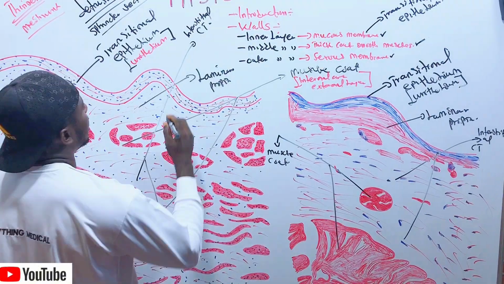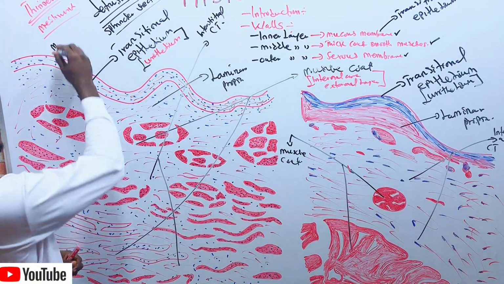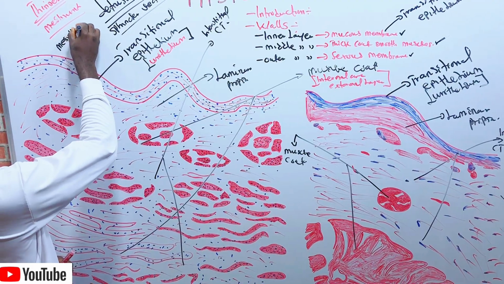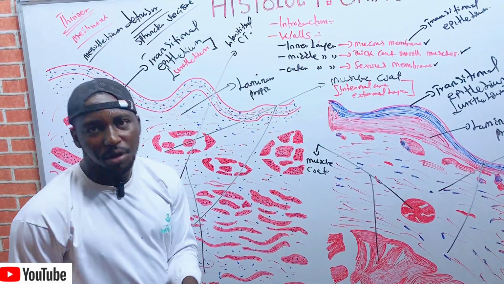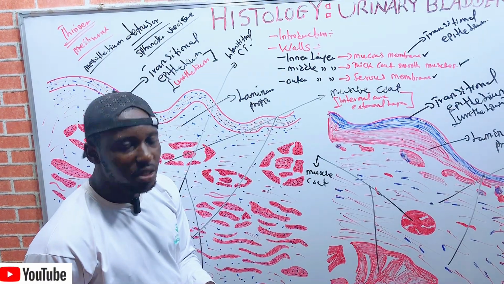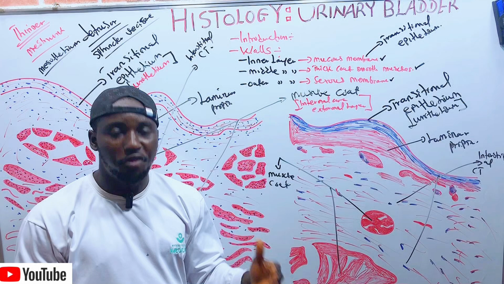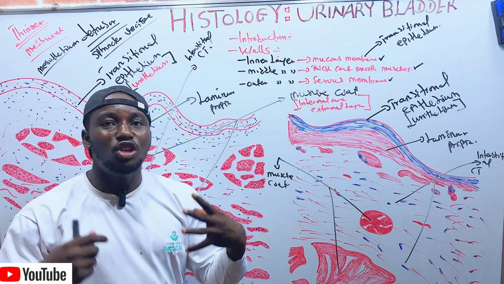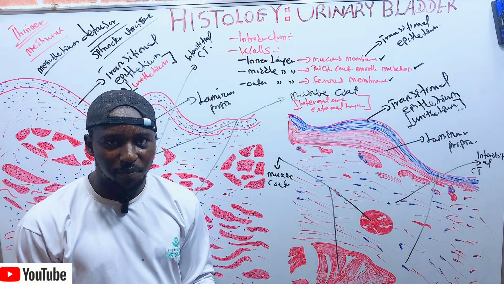It is being covered by the mesothelium. Mesothelium, recall that is secretory now. Mesothelium of the peritoneum, right? While the inferior surface of the urinary bladder is covered by adventitia.